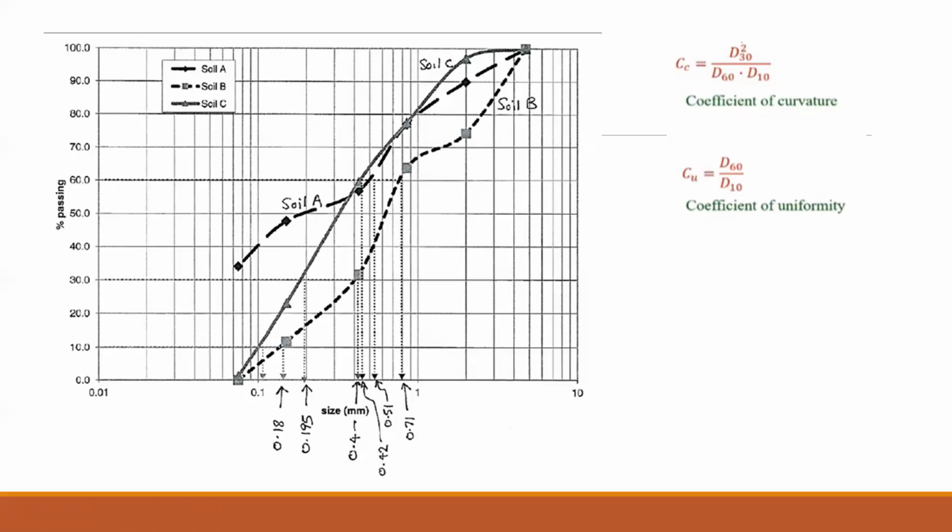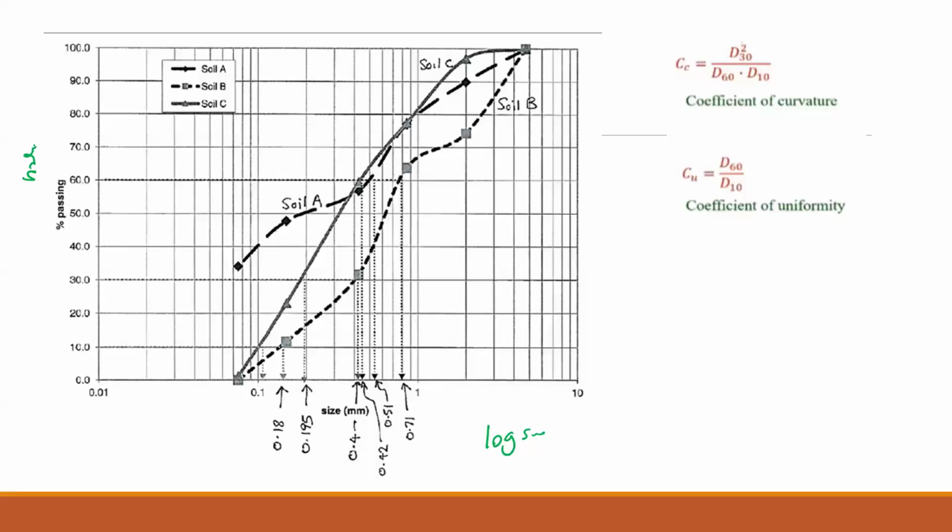We can plot this graph in Excel. Only thing is this is a log scale and this is the normal scale. The y-axis percentage passing is normal scale and the x-axis should be log scale, so you need to plot a semi-log graph. We have graph sheets with a log x-axis, or else in Excel we can change the x-axis to log.